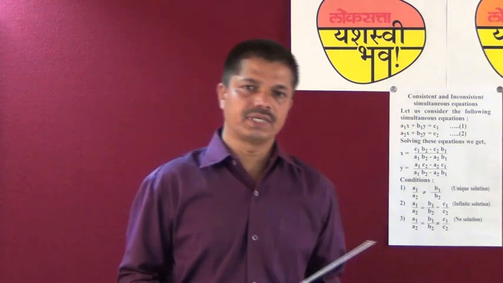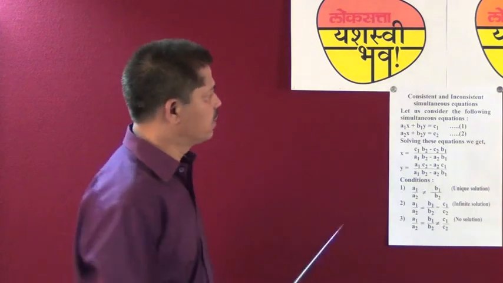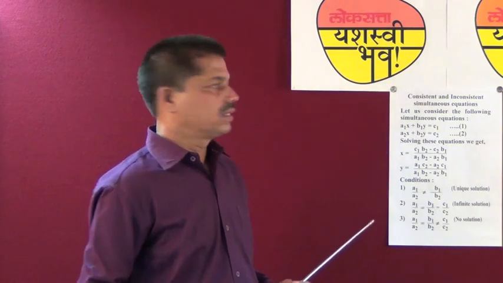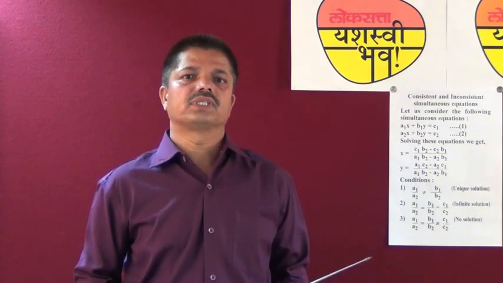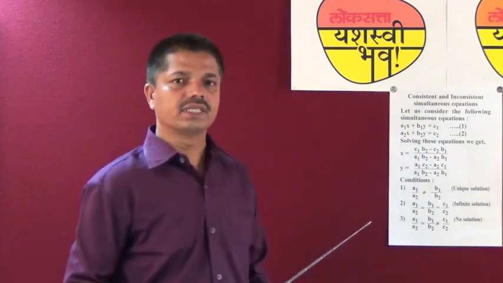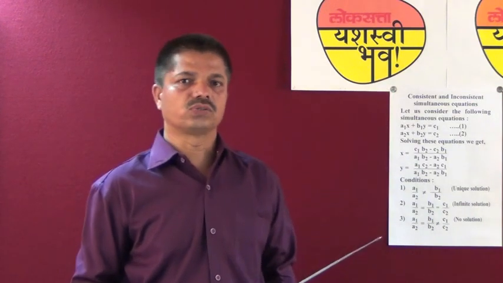If the simultaneous equations have solutions, we call such equations consistent equations. If the solutions are not there, we call such simultaneous equations inconsistent. Let us know whether the simultaneous equations have solutions or they don't.